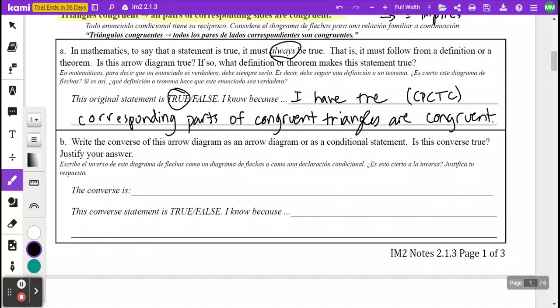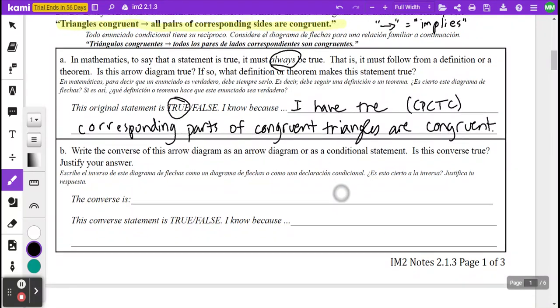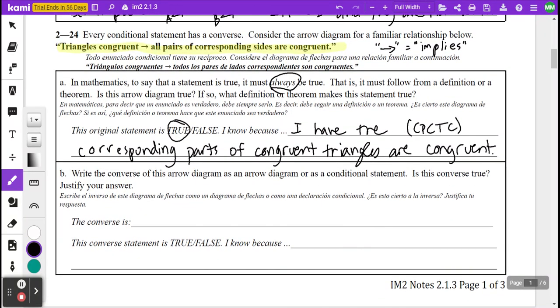Part B. Write the converse of the arrow diagram as an arrow diagram or as a conditional statement. Is the converse true? Let's justify our answer. Okay. The converse is going to switch my hypothesis and my conclusion. So all pairs of corresponding sides are congruent is my original conclusion, and that's going to become the hypothesis of my converse.